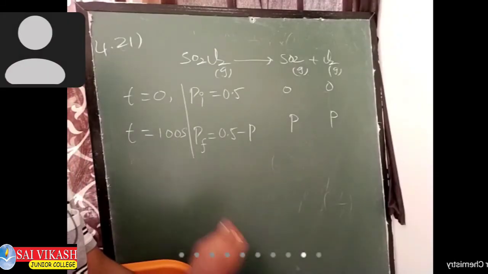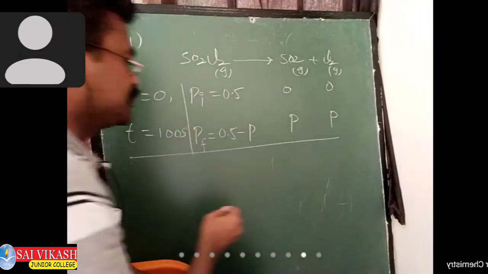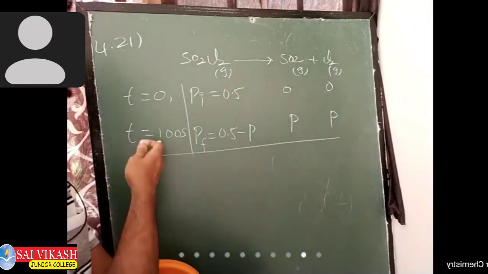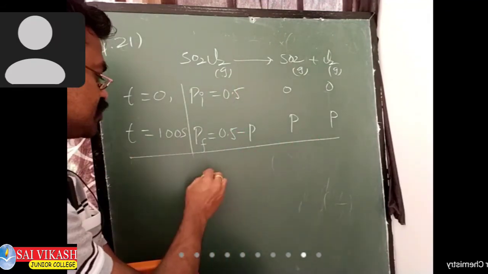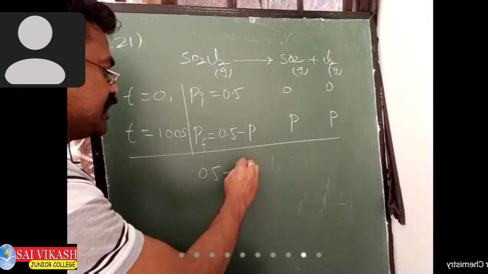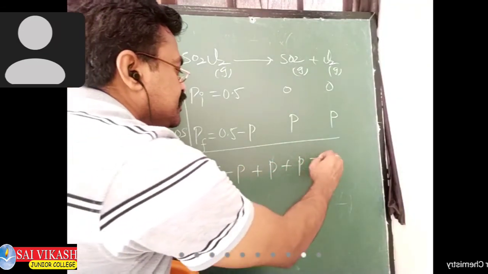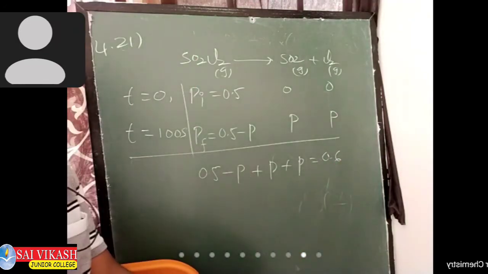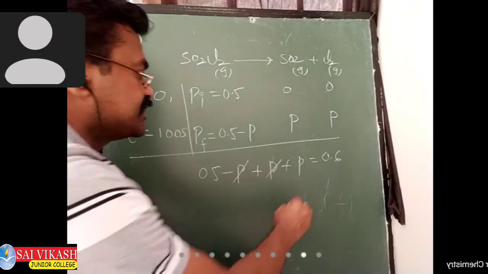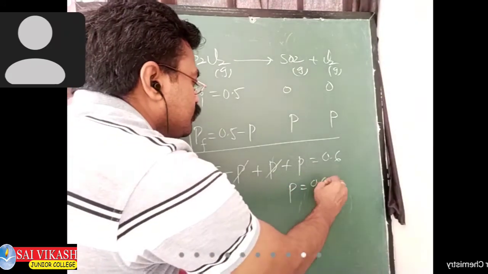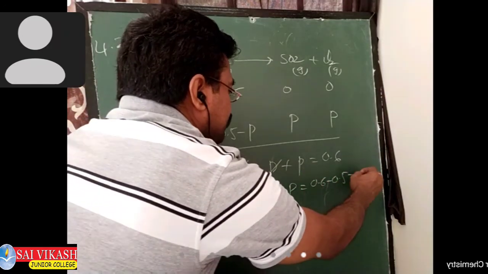So see how to do it. Let us use the sum of all these three pressures at 100 seconds. Means the total pressure 0.5 minus P plus P is 0.6 atmospheres. From this you can find out P. Minus P plus P cancel. So P equal to 0.6 minus 0.5 is 0.1.